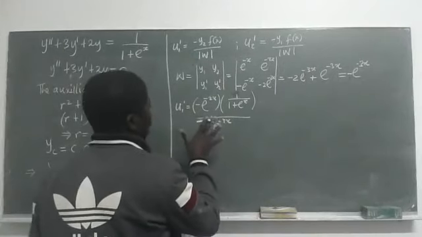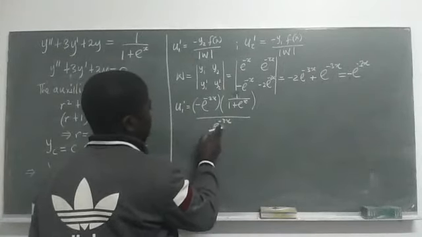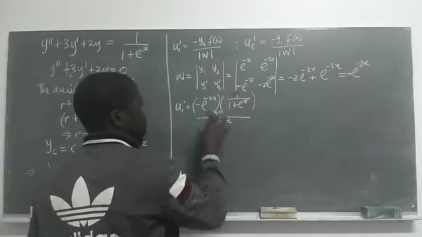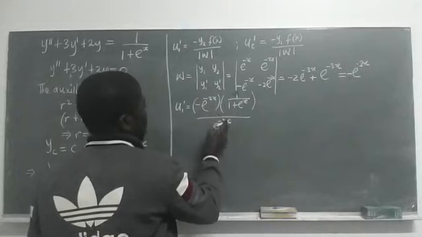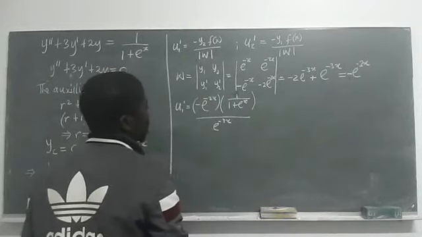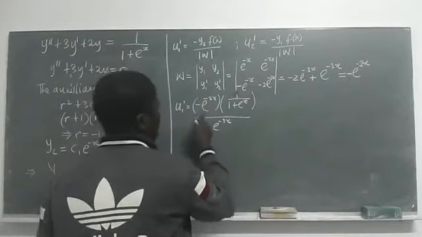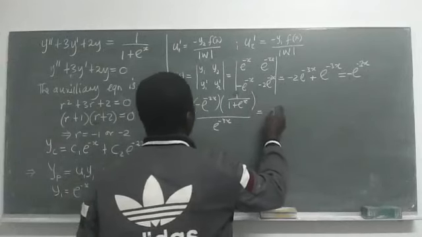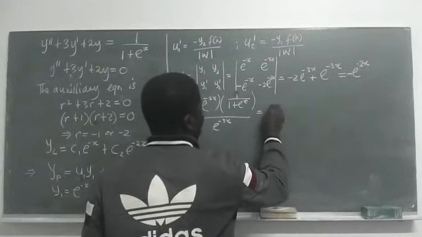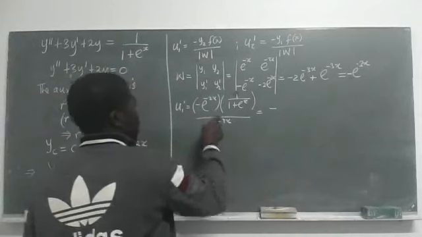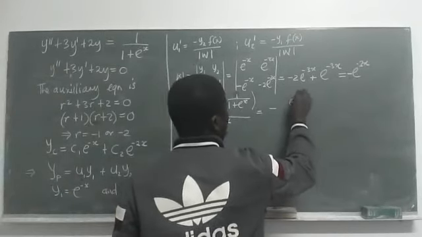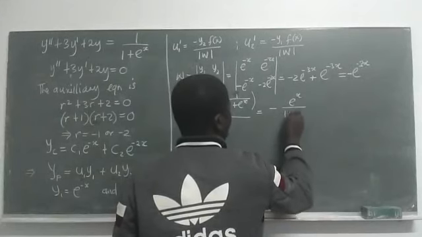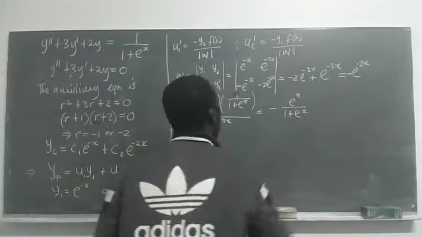So now we're going to simplify things out. When you take this denominator to the top, the powers will subtract, and the negative sign will appear, and you end up with minus e^x over 1 + e^x.